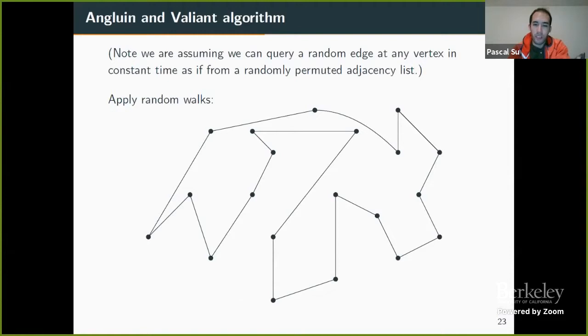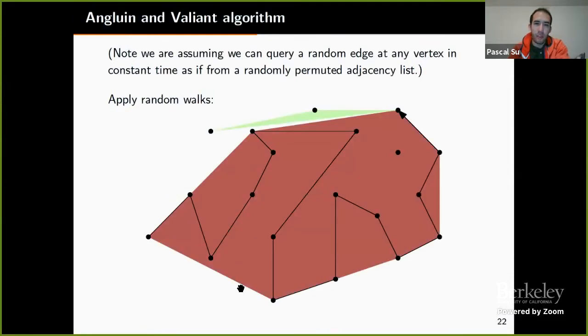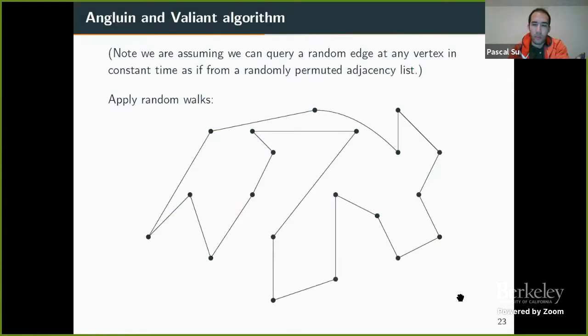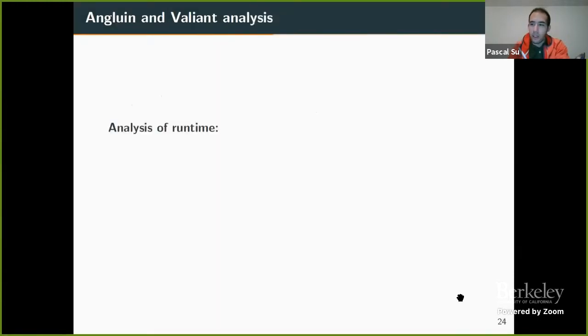But as you could see, towards the end, most of the vertices are already used. So the probability of finding a new vertex is very small. And this is going to be the bottleneck. And this is where we will actually improve upon the original algorithm. So if we do a short analysis of this, what we do is just we query random edges.